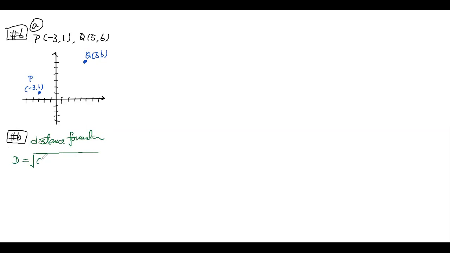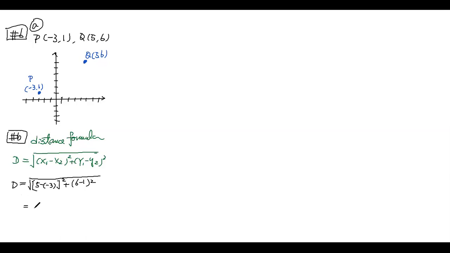The distance formula will just be the square root of (x1 minus x2) squared plus (y1 minus y2) squared, right? So for these 2 points, just be very careful about the negative and positive. So 5 minus -3, the whole thing squared, plus 6 minus 1 squared.